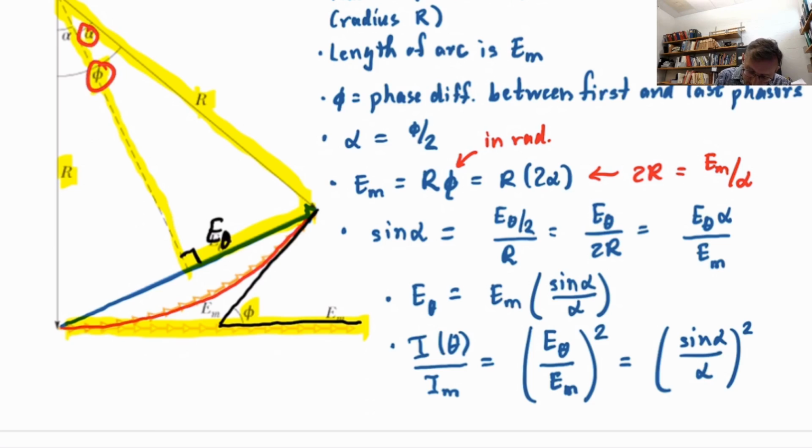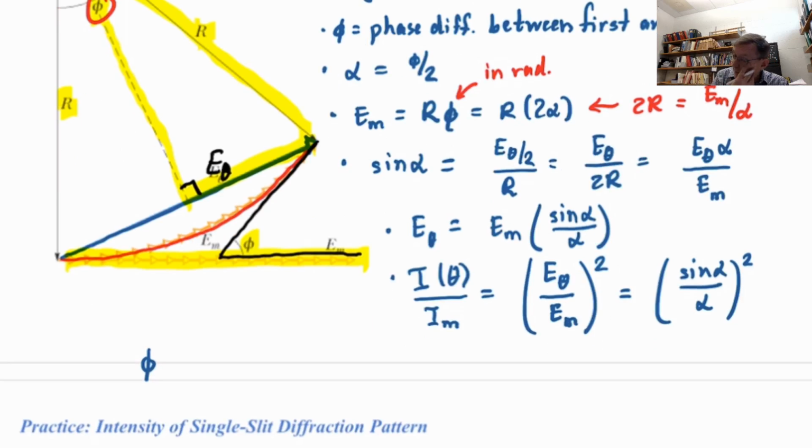But phi is the total phase difference, right? Between the bottom of the slit and the top of the slit. And then we know how to write that. That's got to be 2 pi over the wavelength times the total path length difference between the top of the slit and the bottom of the slit, which is the slit width A times sine theta.